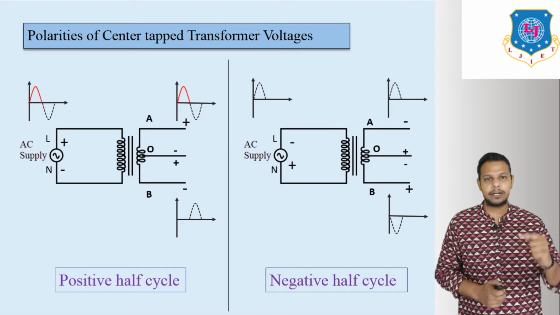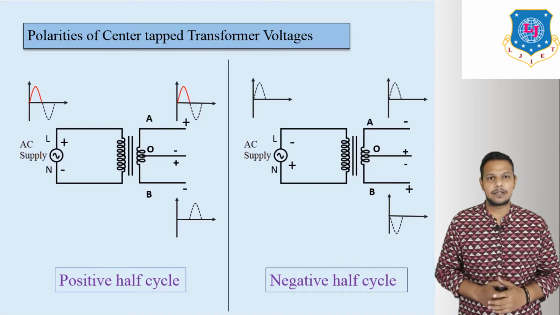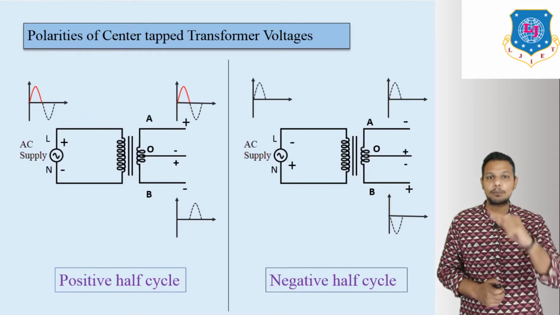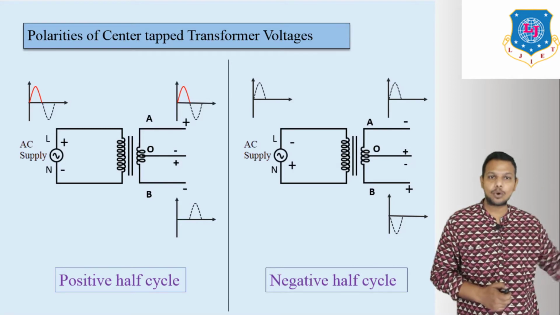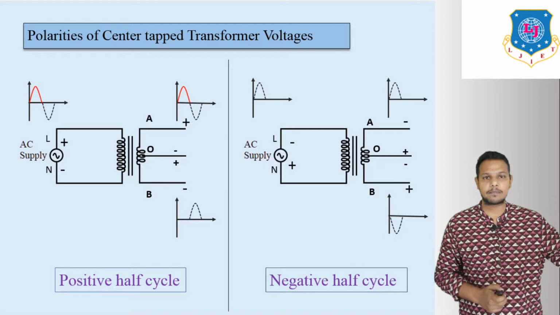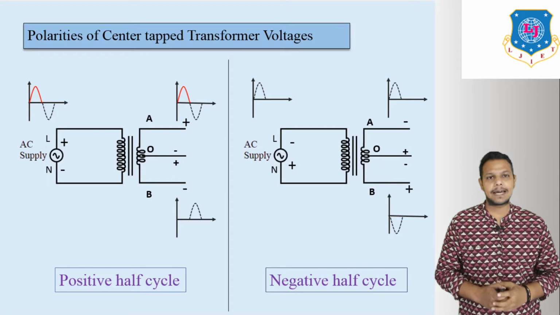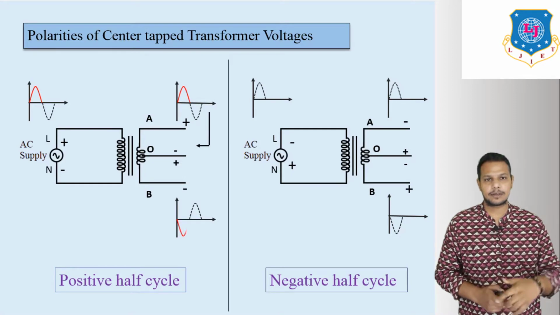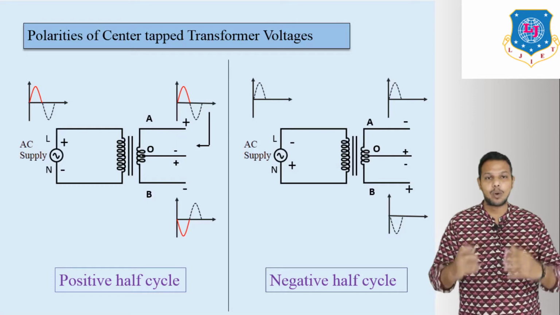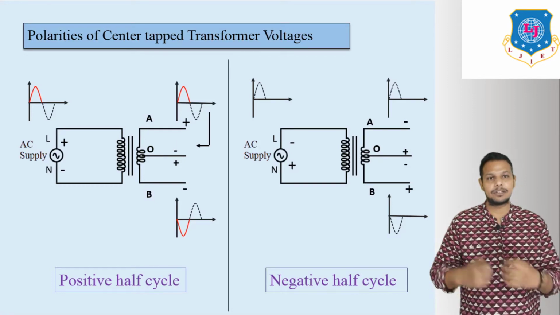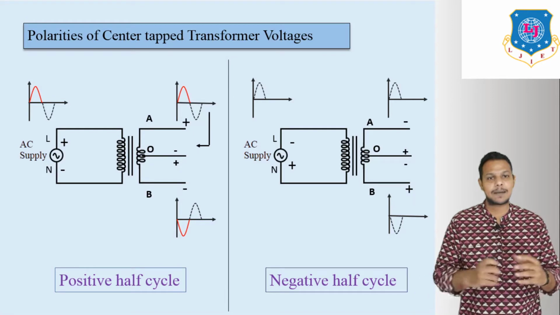Here the main input polarities are plus to minus, but VBO is minus to plus. So both have a 180-degree phase shift, which means we will get the negative portion, a 180-degree phase shift with the input voltage. So this is the positive half cycle.